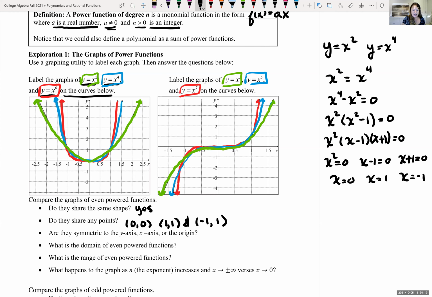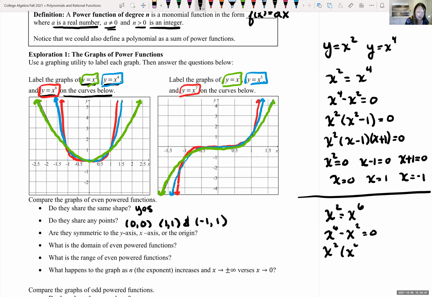Notice if I had done x squared and x to the 6th, let me just do that one to show you what's going to happen. Again, we can get everything to one side and factor out what they have in common. So I can rewrite it as x to the 6th minus x squared equals 0. Factor out an x squared here. We get x to the 4th minus 1 equals 0.